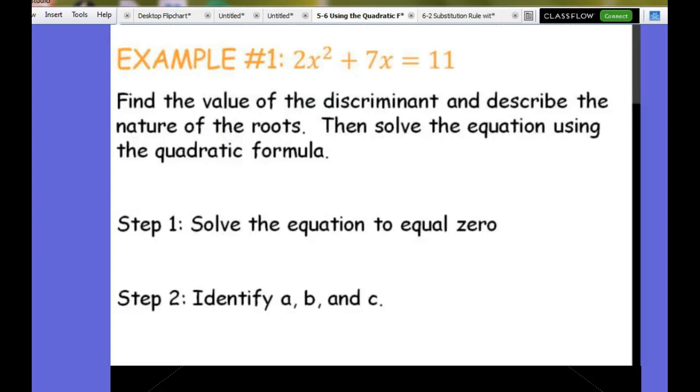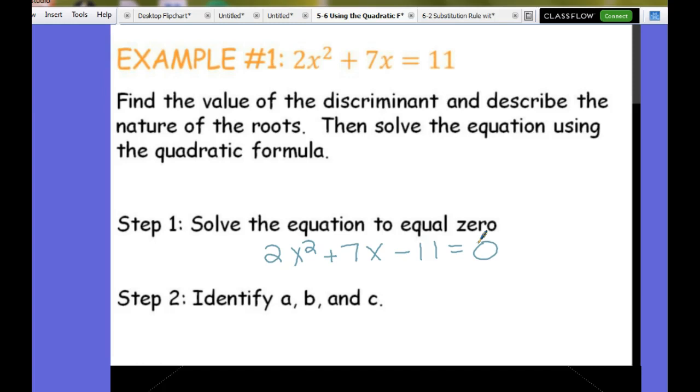So, when looking at quadratics, we want to follow a set of steps. The first thing we want to do is make sure our equation is set equal to 0. In example number 1, it's currently set equal to 11. We need to move that 11 to the other side. By subtracting 11, we get it set equal to 0.